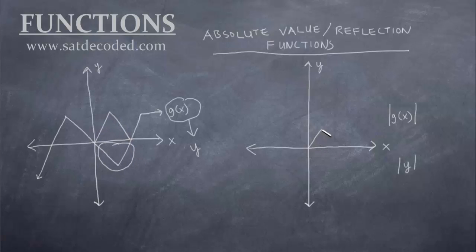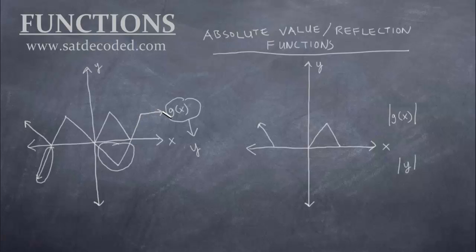So I'm just going to redraw that portion right here. This part right here in our original graph also has y values that are negative. So that's also unacceptable and also needs to get reflected up towards the positive quadrant. So I'm going to redraw that right here.